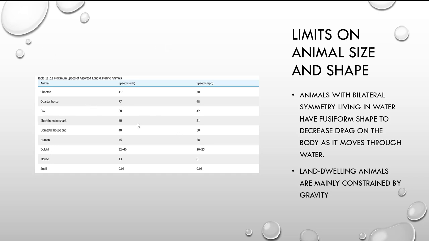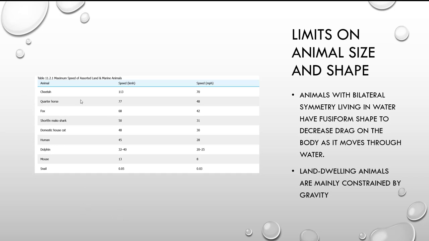So here's a figure from your textbook, and it basically shows the assortment of speeds based on some different animals that are land-based and aquatic-based. So you can kind of see the differences.